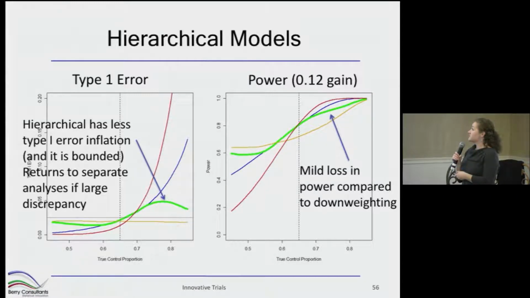In terms of power loss, if our true parameter differs from the data that we're borrowing from, again, if we just pool that data, we see huge losses in power. If we ignore the data, that kind of plateaus; the historical borrowing starts to plateau. As your current data starts to differ too much from the historical data, the model recognizes that and starts to downweight the historical data more, so you don't see these dramatic drops in power as we did before.